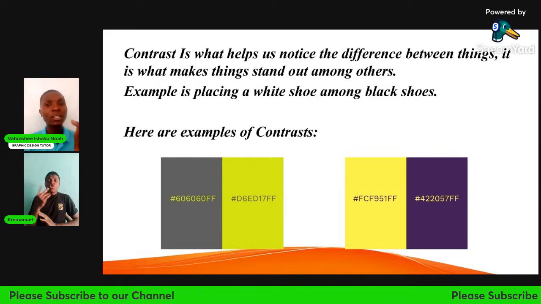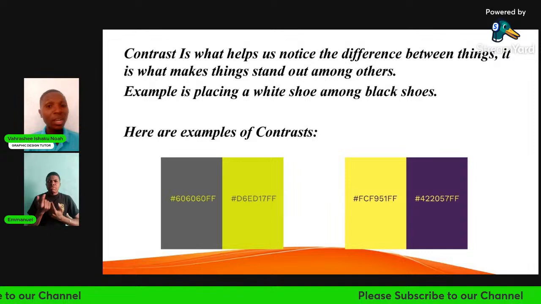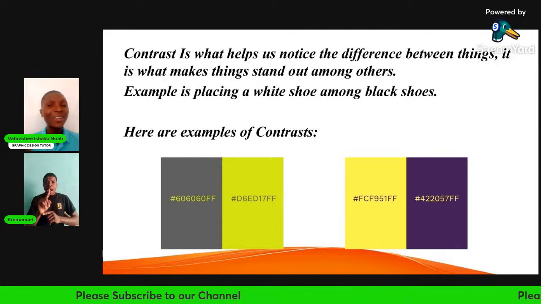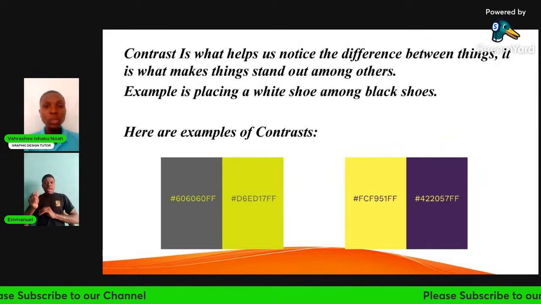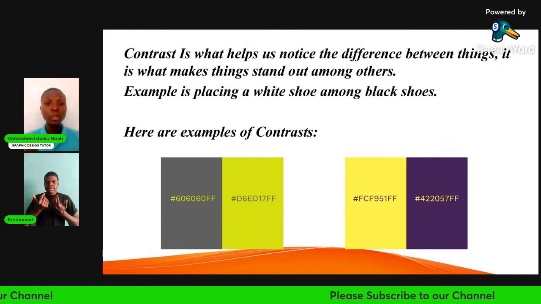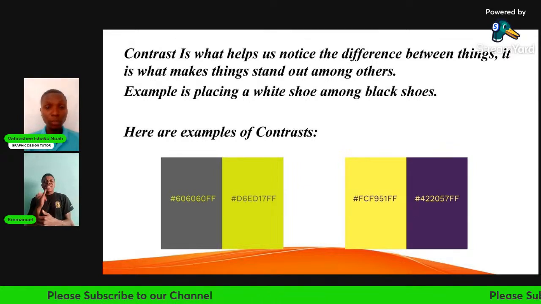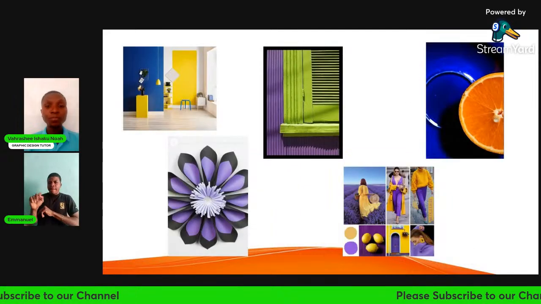These are contrasts, opposite colors together. One is light, one is dark. That is a contrast. So when the colors are opposite each other, we say these colors are contrast. Okay. So next slide, please.